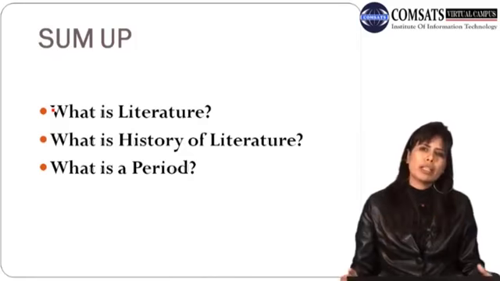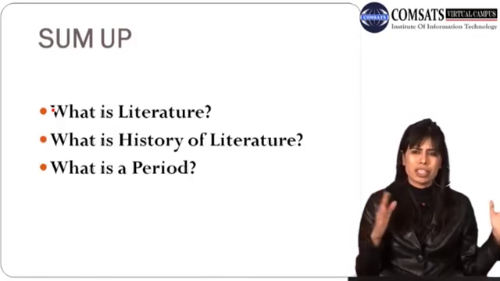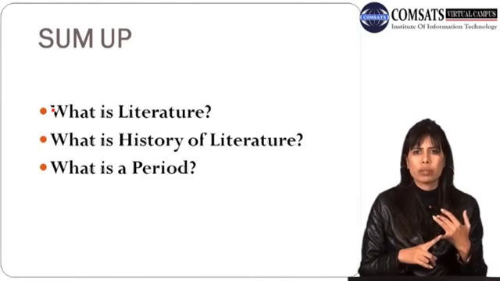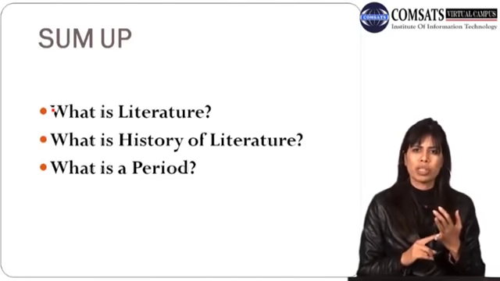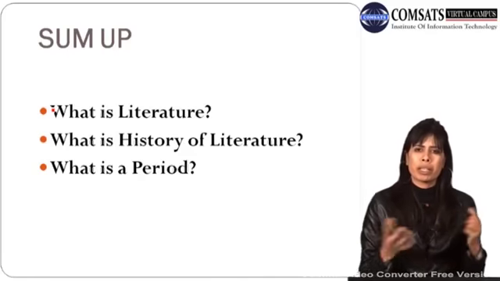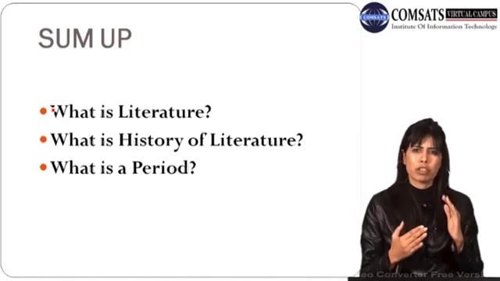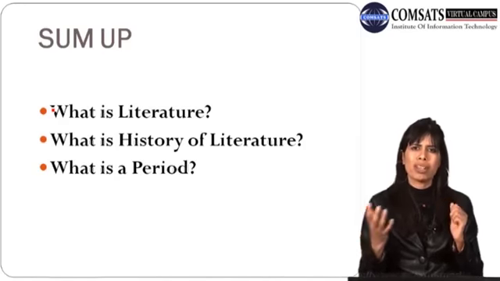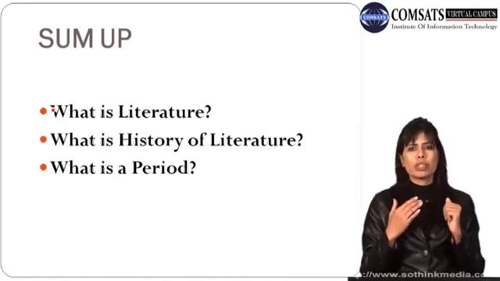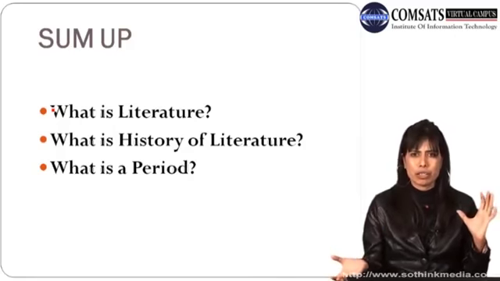When we move towards the detailed history of English literature, we will talk about different genres as well, for example novel, poetry, drama, prose, essays, and many other things. Then you will be able to do a comparative study of different genres along with different ages. So my dear students, the point to remember is that literature is a reflection of life.